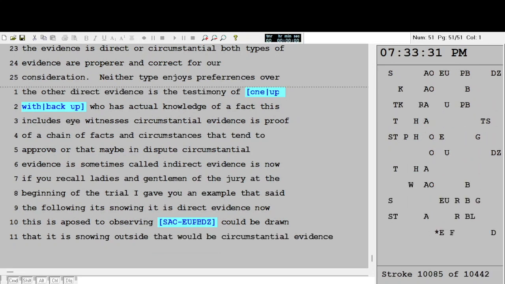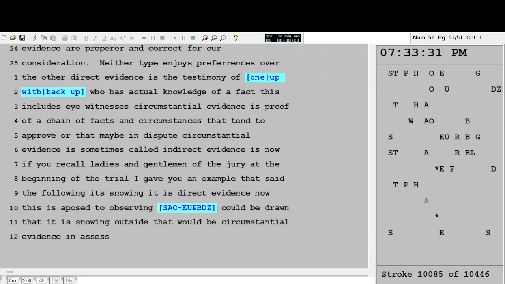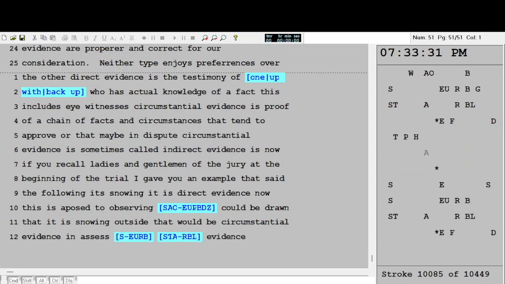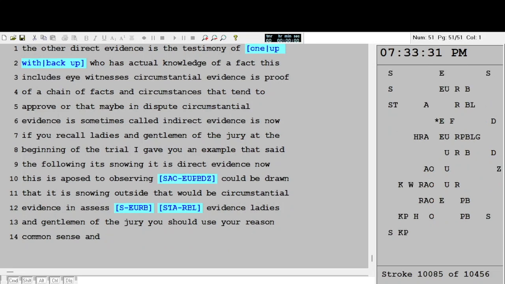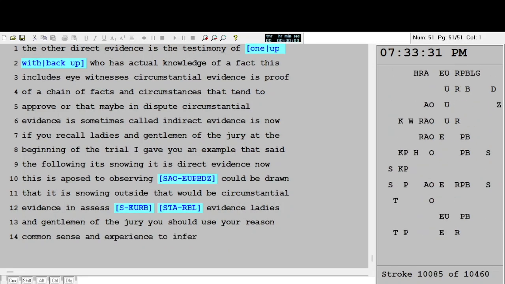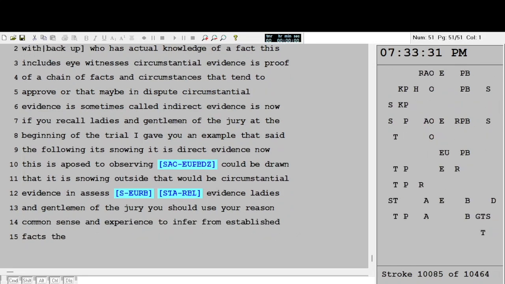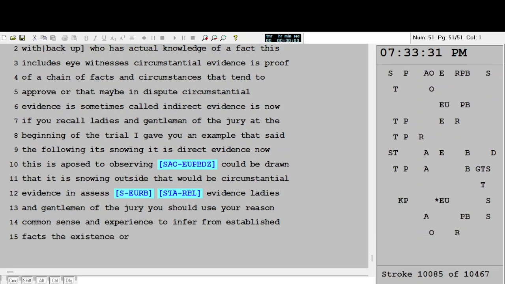In assessing circumstantial evidence, ladies and gentlemen of the jury, you should use your reason, common sense, and experience to infer from established facts the existence or non-existence of another fact.